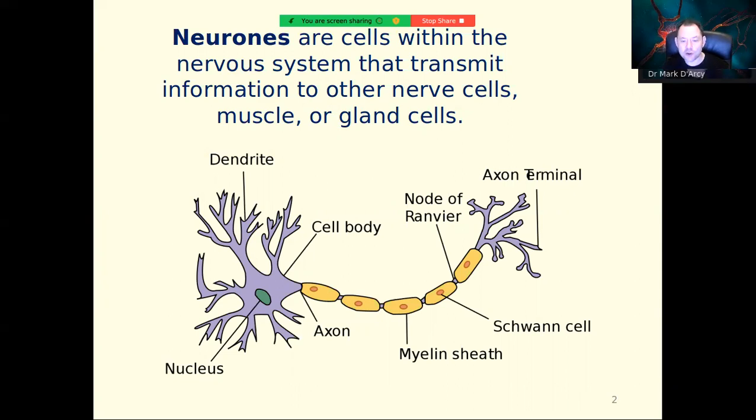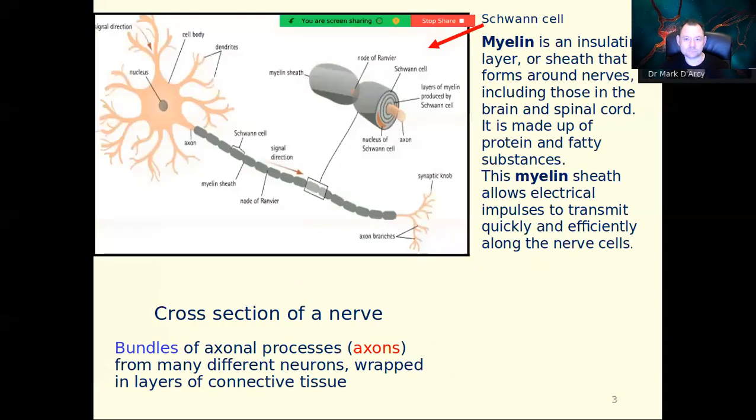Now, as you can see along the axon, we have these special cells called Schwann cells, which sort of encircle parts of the axon. They secrete a compound called myelin, which covers the axon, provides a kind of insulating layer like the plastic around a wire. Let's go into more detail about that, actually.